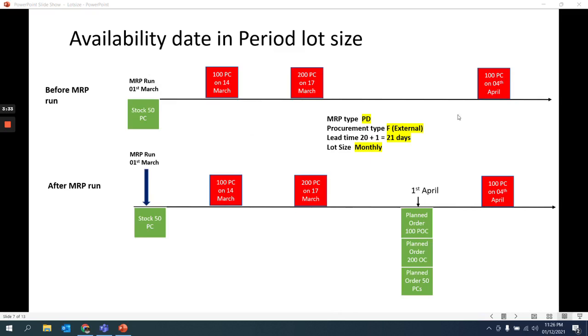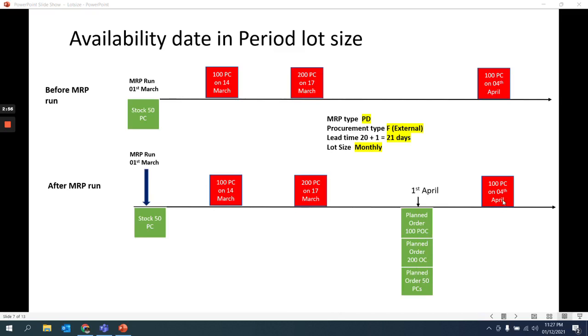For this business case, when you run the MRP run, let's say we are at the beginning of March, the system tries to fulfill the requirements on the 14th and 17th of March. Since our lead time is 21 days, we cannot fulfill both requirements on 1st of March. So the system will create the planned order on the 1st of April.